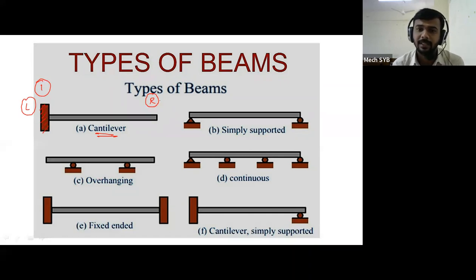If you see the right side of the beam, there is no support, no reaction, no fixed point, so the right side is totally free. Such beam structures are called cantilever beams. Simple: the beam whose one end is fixed and another end is free.